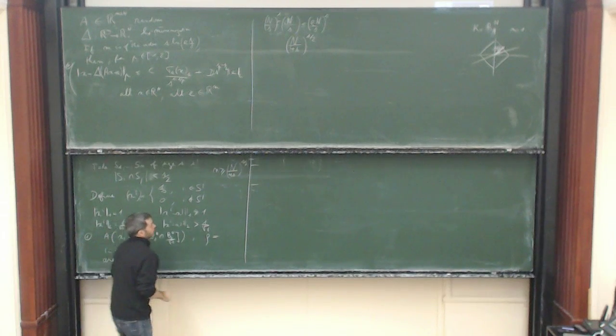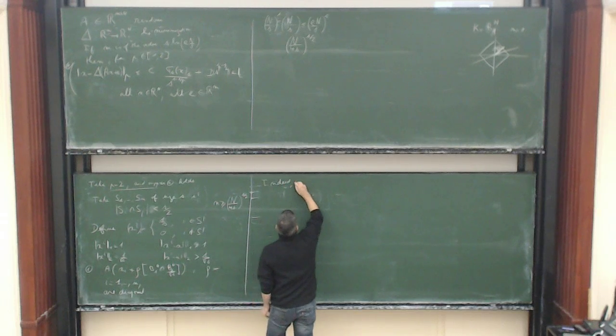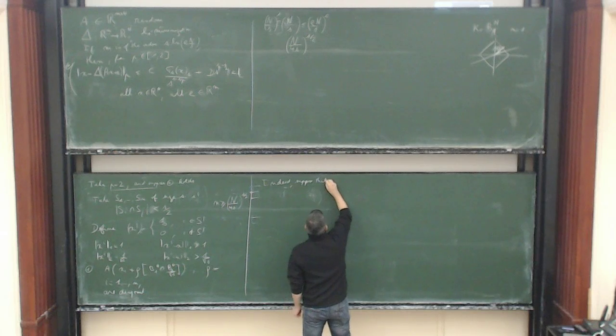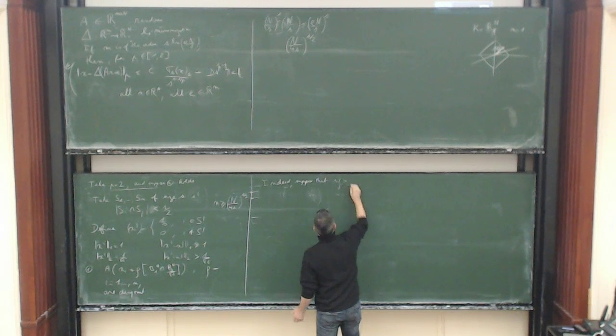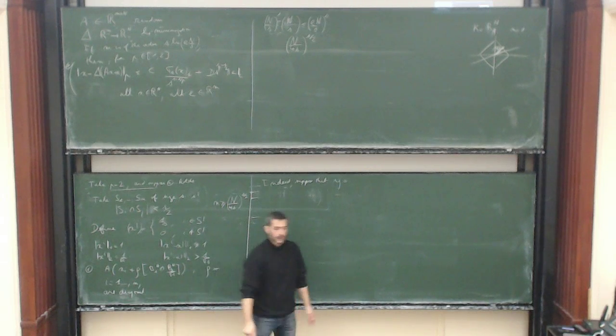So why? Suppose that for some i not equal to j, there is something in the intersection.